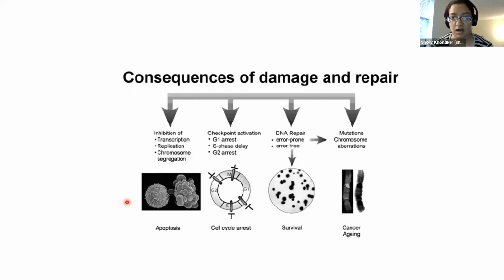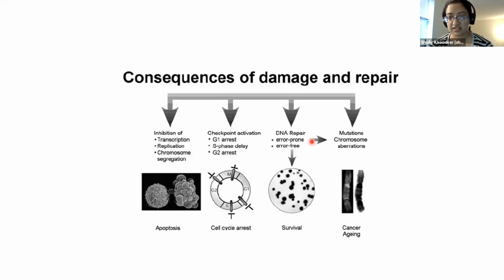It can also set off mechanisms known as cell cycle checkpoints that can arrest the cell at various points in the cell cycle. When this happens, the cell will either be arrested until the DNA damage is resolved, or it will undergo apoptosis or senescence, where it'll die.